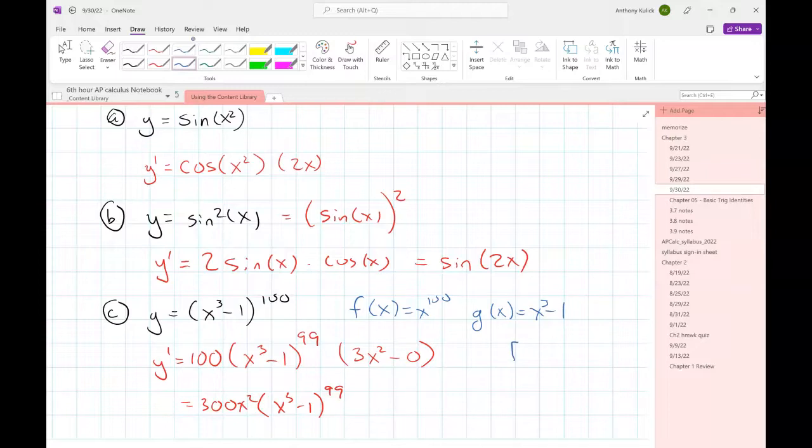So you would ask yourself, okay, does y equal f of g of x, or does it equal g of f of x? Well, this is what we have, because the g of x has been plugged inside of f of x, right? So we can see that the x to the 100th was the outer, and the x cubed minus 1 was the inner. Yeah, that makes sense.